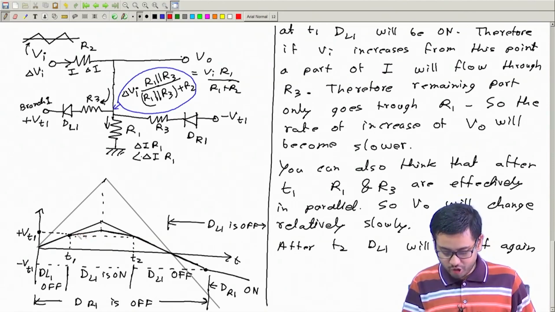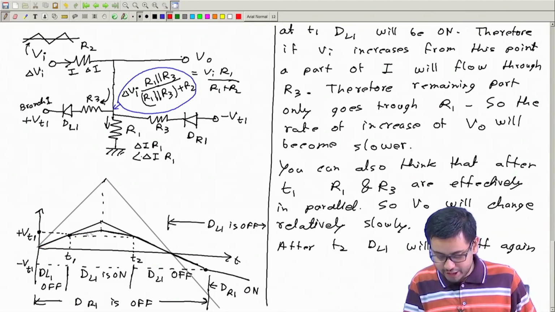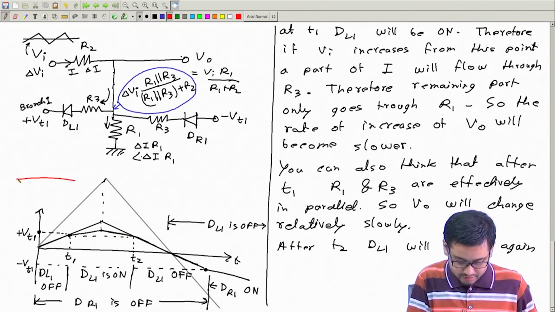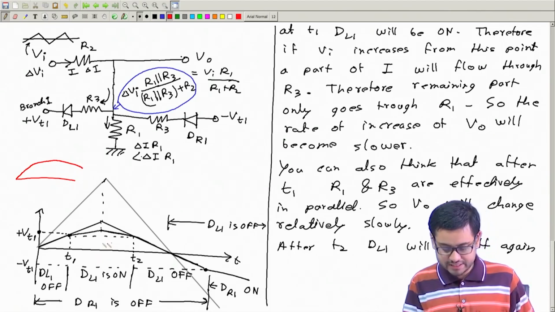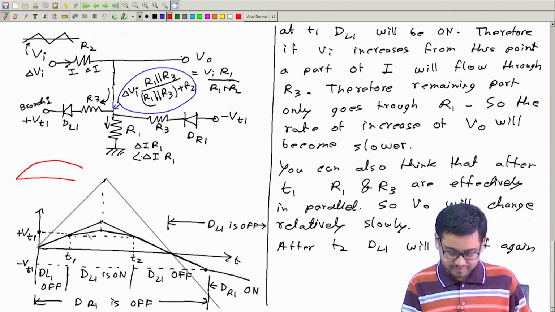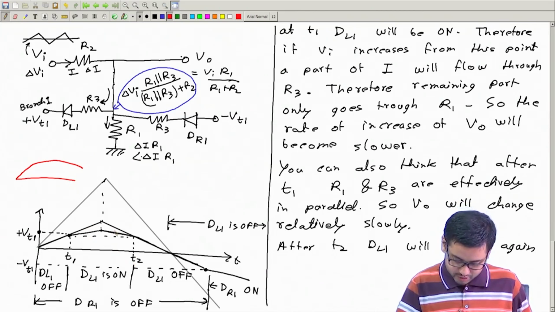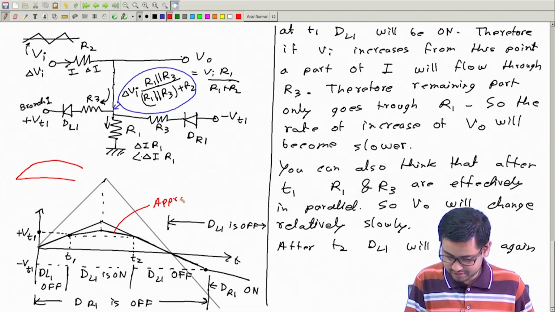Okay? So in this part the rate of change is slower. Like a sine wave, which initially increases faster, then slower, like this. So this is an approximate sine wave.